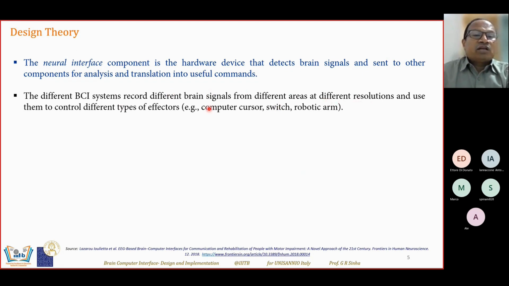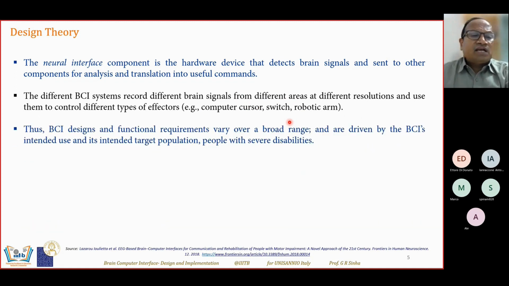There are different brain signals, different areas, and different resolutions, and we can use them to control different types of effectors. Maybe we can use the command to run the computer cursor, to control a switch, or to control a robotic arm.